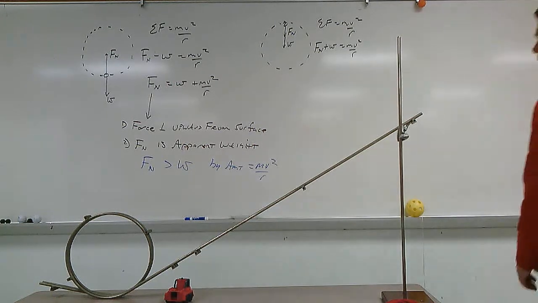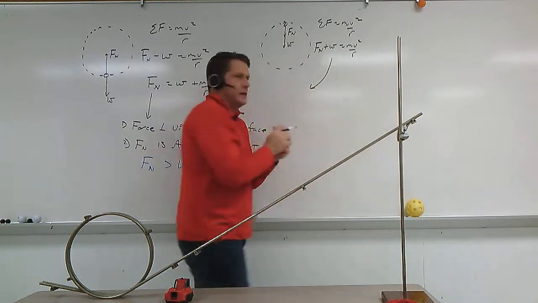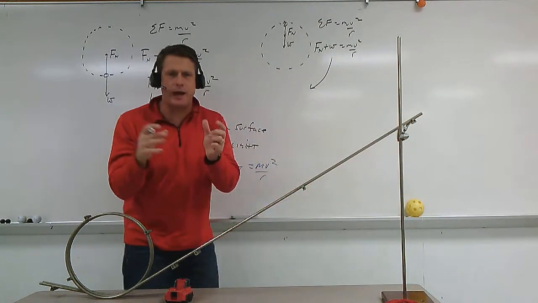And there's two ways for us to look at that mathematics. Number one is through the lens of the apparent weight.